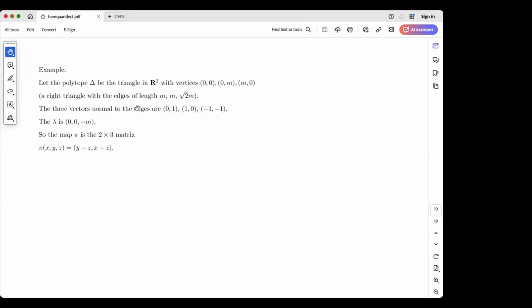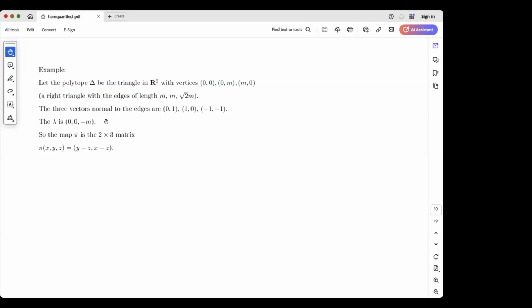The three vectors normal to the edges of this triangle are 0, 1, and 1, 0, and also -1, -1. That's normal to the hypotenuse. These two vectors are normal to the vectors that meet at the right angle.